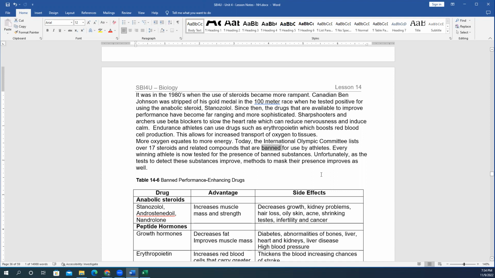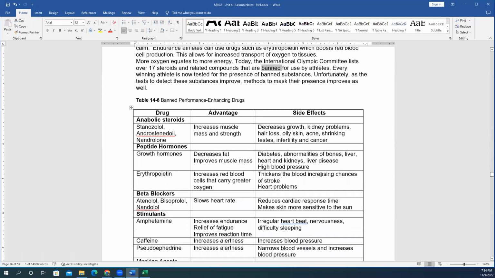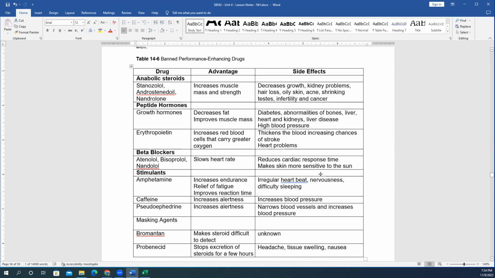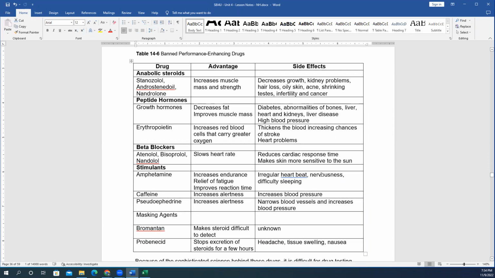But as these tests improve to detect these substances better, there are also developments in ways to mask the presence of these substances. And oftentimes they might not work, and it leads to quite a lot of disgrace and taking away of medals. So this is certainly something that has been a hot topic in sports and in the Olympics in particular.